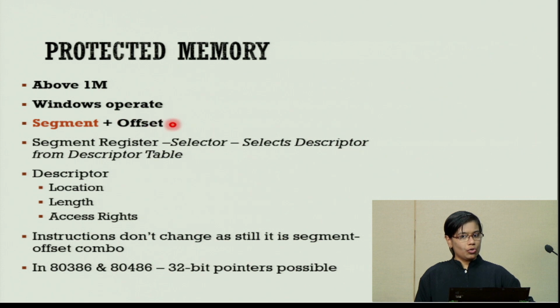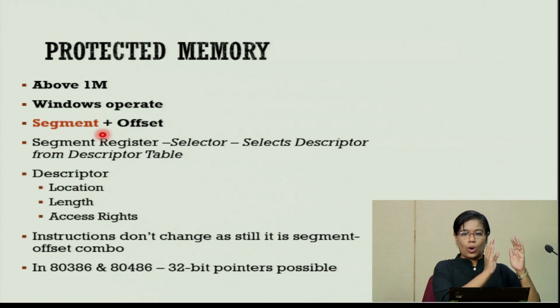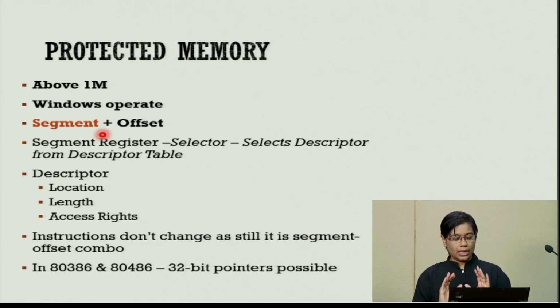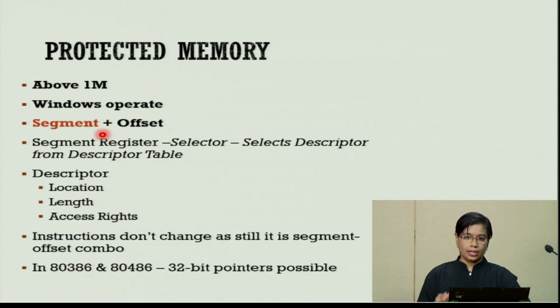The offset continues to remain the same, but the segment has a different meaning in protected mode of operation. Address will still have two parts. You will take one part from the segment register, and one part from the offset. But here the value present in the segment register means something else. So what does the value in the segment register mean?